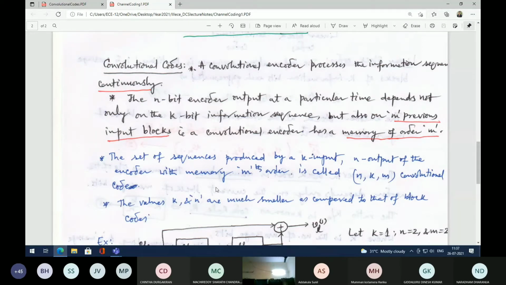If I get an n-bit encoder output at a particular time, it depends not only on the k-bit information, but also on the m previous input information bits. This has the memory order of m previous input bits.